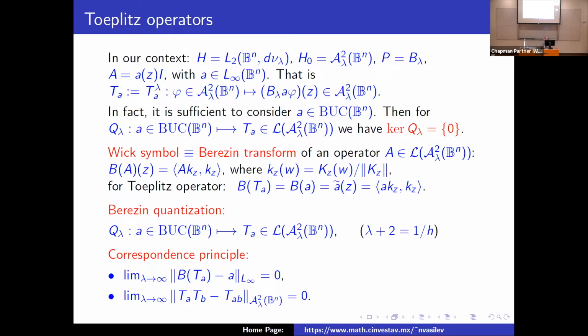Toeplitz operators generically never commute, but the symbols, of course, commute, being multiplication by a function. So one may have a curious question, whether or not one can find a class of symbols that generate just commuting Toeplitz operators. And unexpectedly, this question has the answer yes.